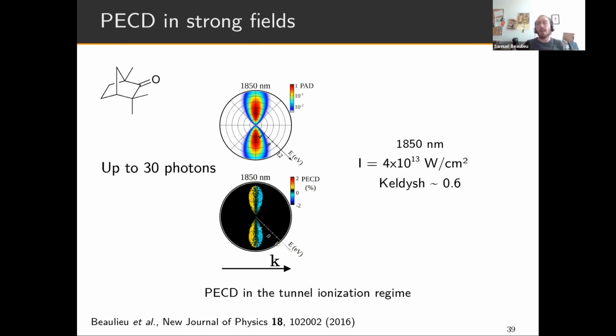What we can conclude from this study is that the molecular potential is still able to imprint its chirality onto the outgoing electron wave packet, even in the tunnel ionization regime, which is quite counterintuitive if you always think in the SFA type of picture.